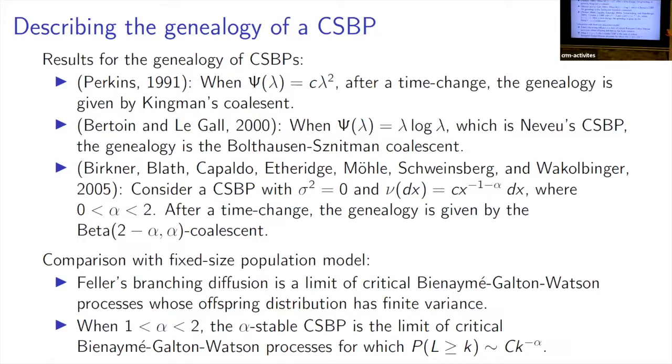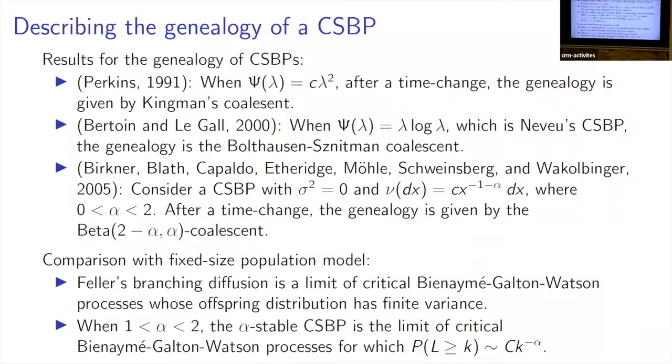Now, it's useful to compare these results to the results that we got in the model of a population of a fixed size N, in which the numbers of offspring produced by different individuals were independent. Feller's branching diffusion is what we get when we take a limit of critical Bienaymé-Galton-Watson processes whose offspring distribution has finite variance.